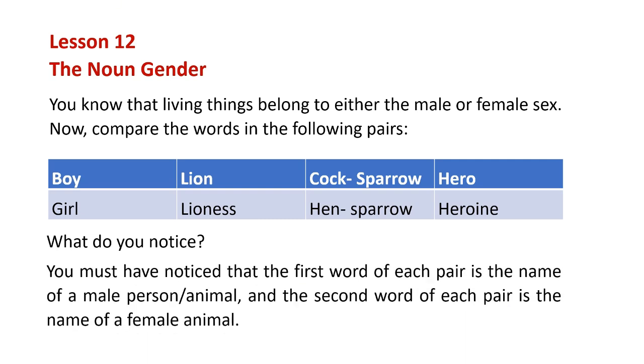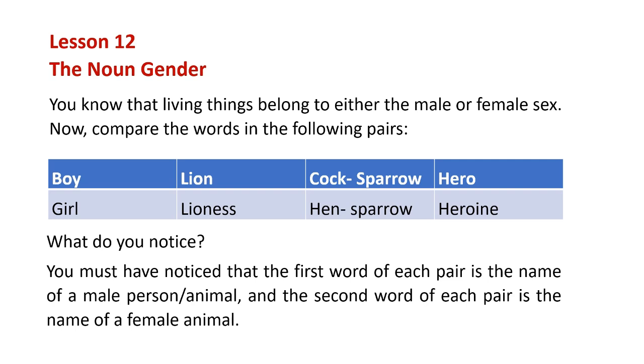You must have noticed that the first word of each pair is the name of a male person or animal. Boy is the name of a male person. The second word of each pair is the name of a female animal. So we are using male and female.